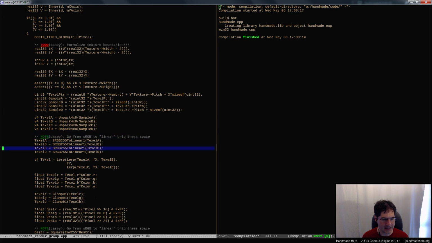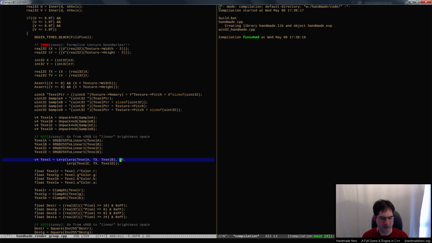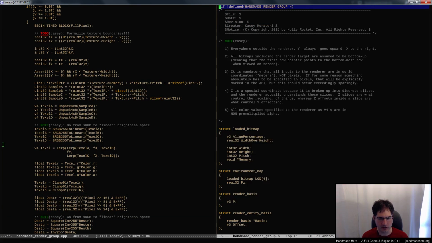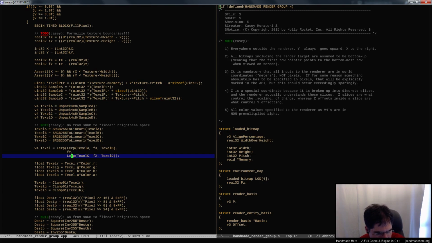We have those unpacks and the sRGBs to linears that we need to do, and then we have to unpack these lerps. So I'm going to start with the lerps, since those are pretty basic. We've got to do 2 lerps, and then we have to lerp the result of the lerps, right? Again, this is pretty beastly.